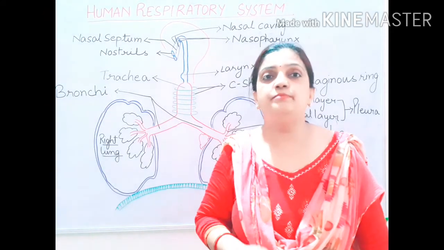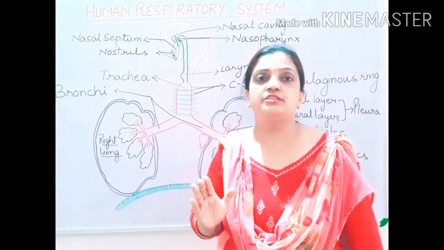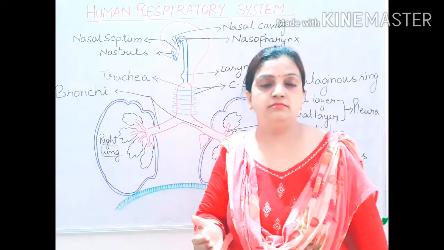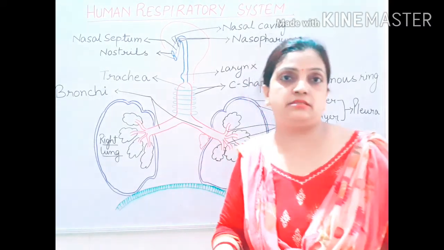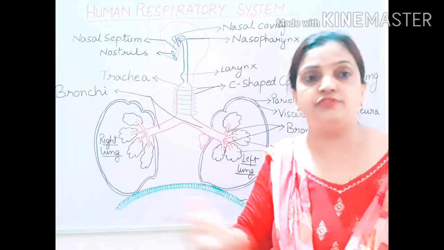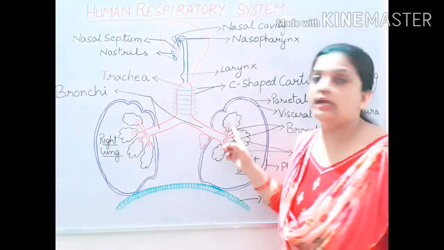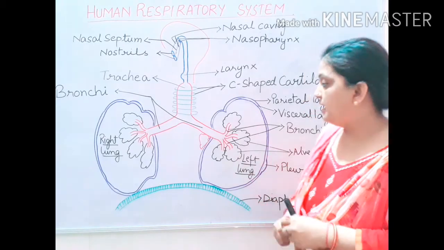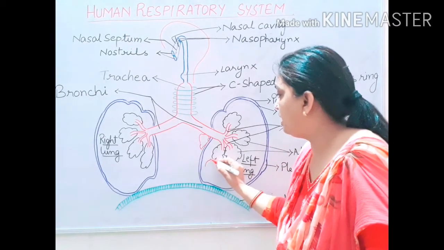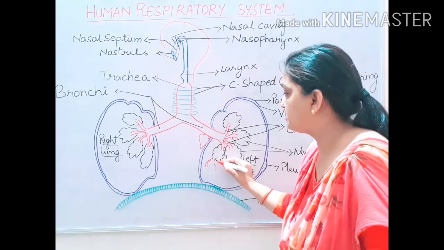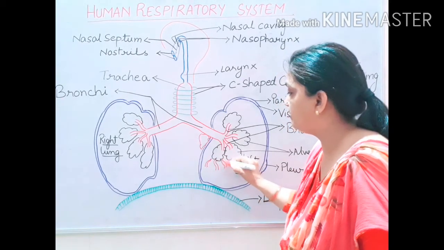The main part of the human respiratory system which plays a role in respiration, and is also helping in the exchange of gases, is your alveoli. Children, this alveoli is enclosed by a large number of blood vessels. They are surrounded by a large number of blood vessels.